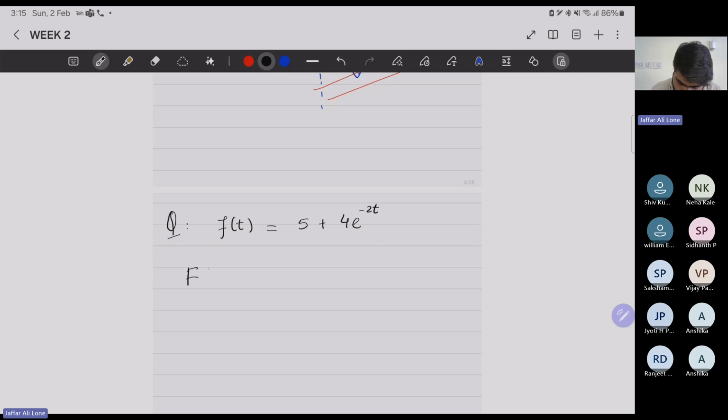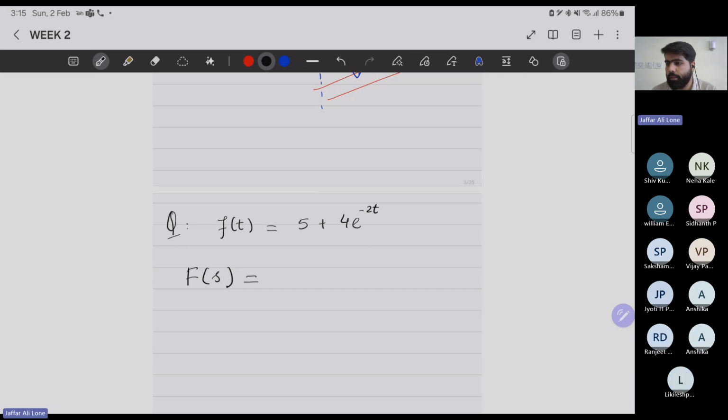You have studied in the lectures that the Laplace transform has some properties like linearity, time shifting, convolution, and there are many properties which are very important. So there is one property that is linearity.